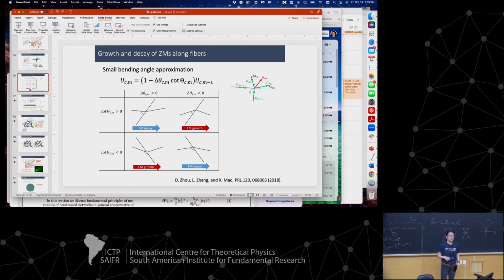After you do this for a while, you don't actually need to calculate the transfer matrix. You just look at the geometry, because it's a pretty simple geometrical rule. You just see whether the mode becomes bigger or smaller as you go from one to the next.